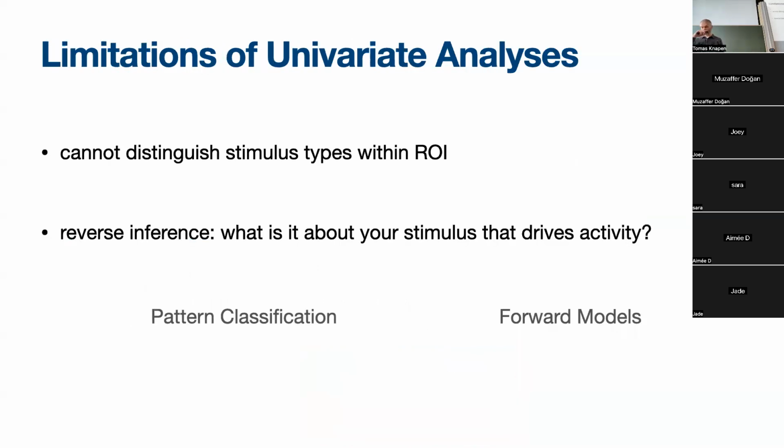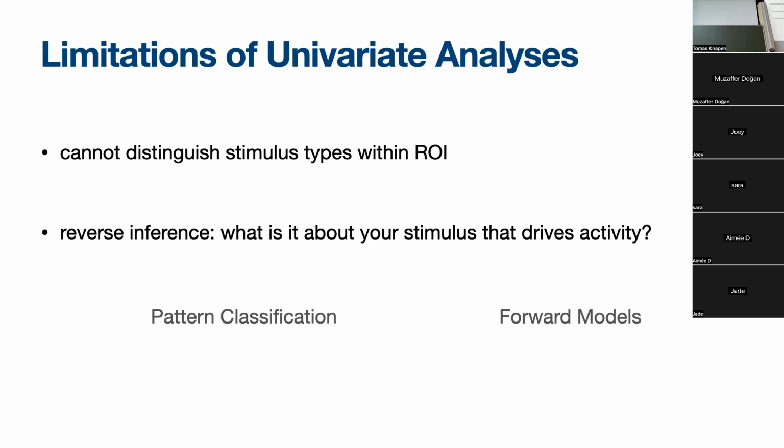So when we talk about these univariate analyses, these general linear model analyses where we get these t-statistics, it doesn't really allow us to distinguish different stimulus types within an ROI. So V4 is color, but it doesn't allow you to say whether something is red or green from the average activation.